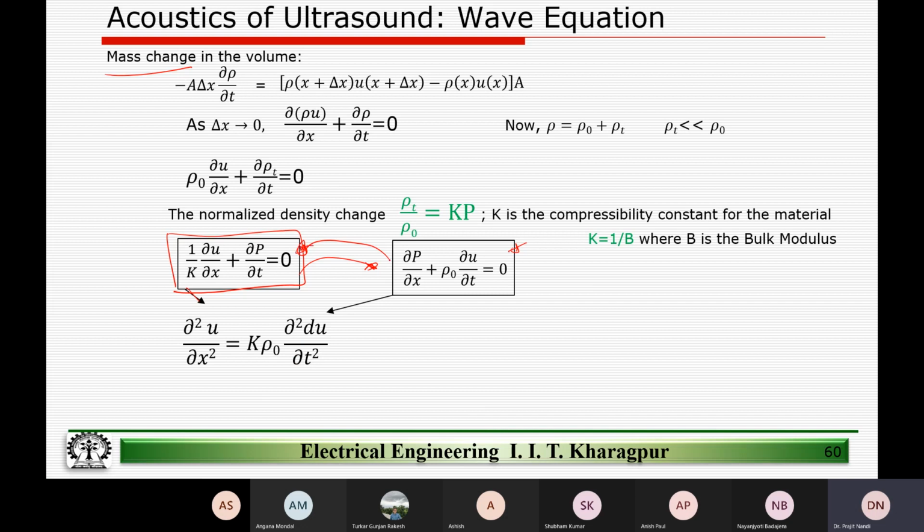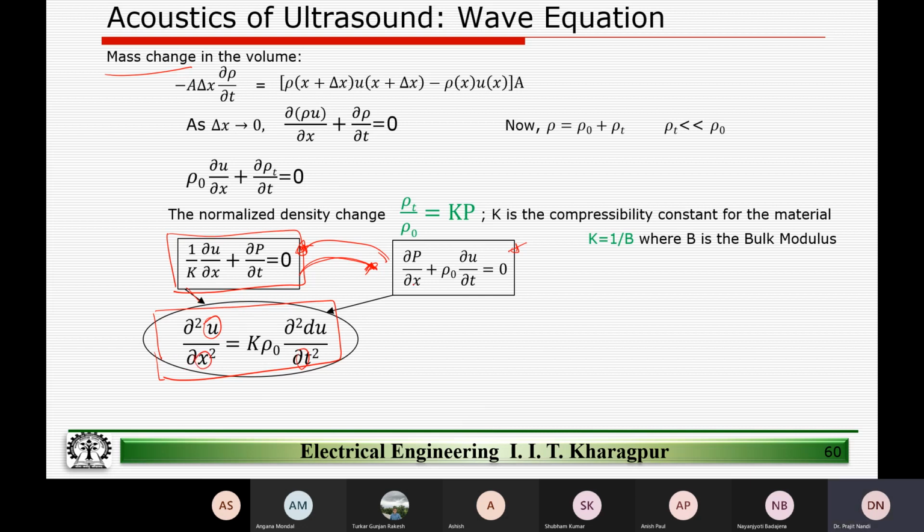Similarly, here you can put this equation here or this equation here, and you will get two such relations. So if you do that, we land up with a very nice, small, concise relation which relates the velocity with time and x.